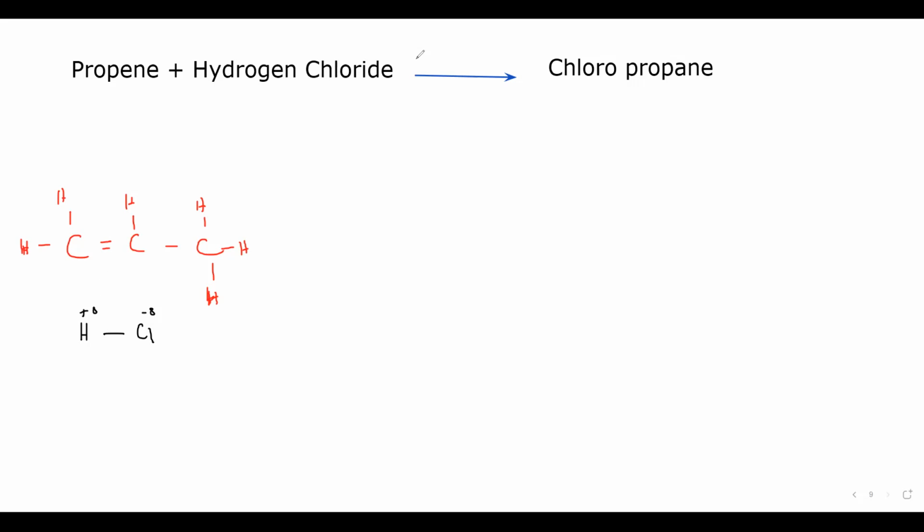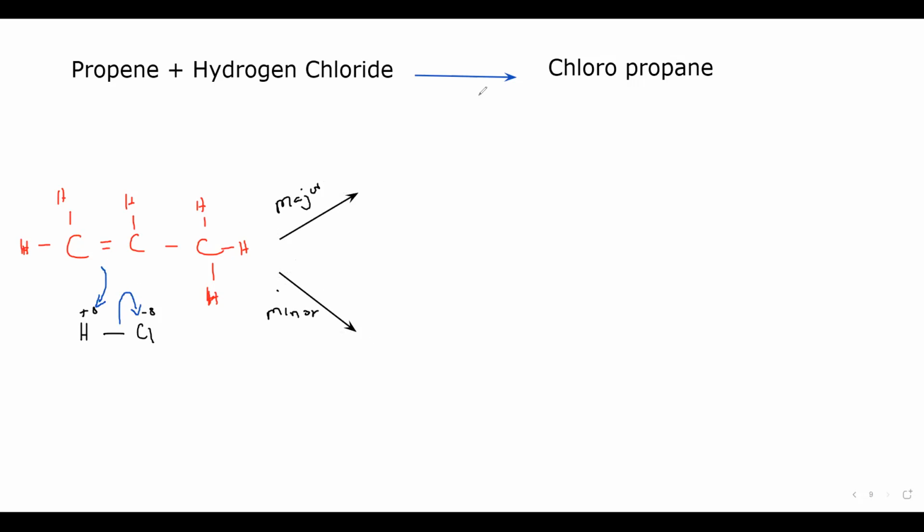The same way, the positive side, hydrogen, is attracted towards the electron rich side; we call it an electrophile, and chlorine will take both of the electrons. Then again two possibilities are there: one will be major, another one will be minor.